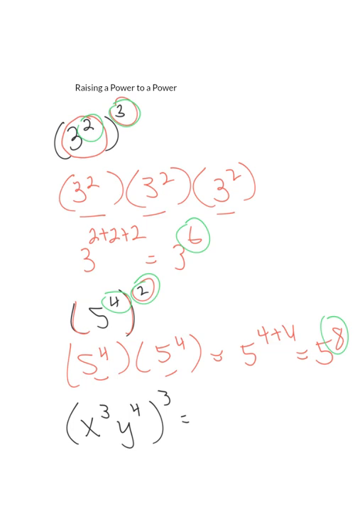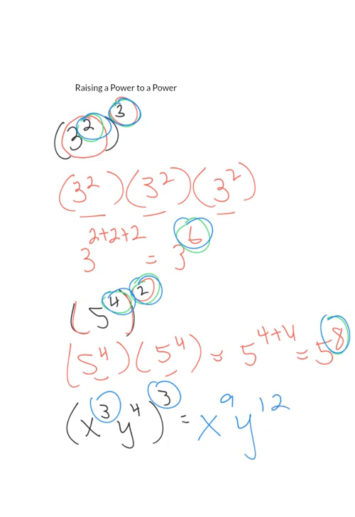So what the class noticed is 3 times 2 is 6. 2 times 4 is 8. So if you think about that, you would have x to the 9th, 3 times 3, y to the 12th, 3 times 4.